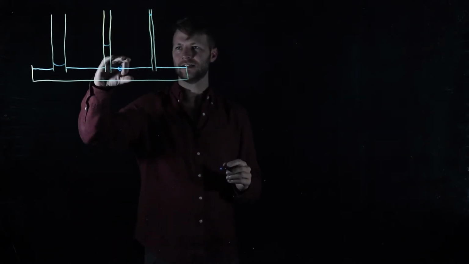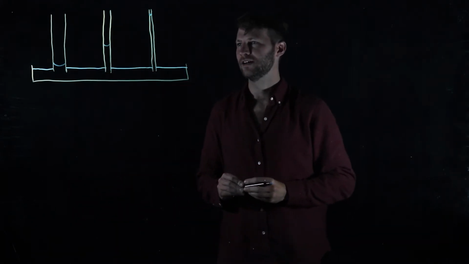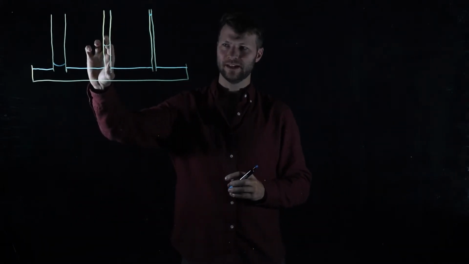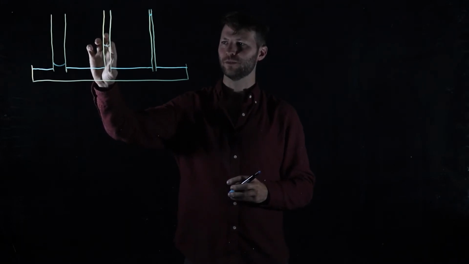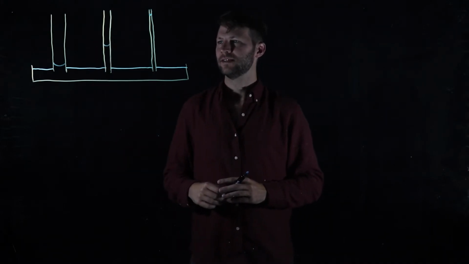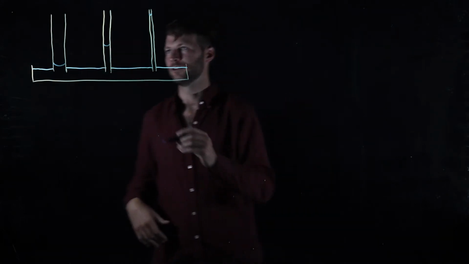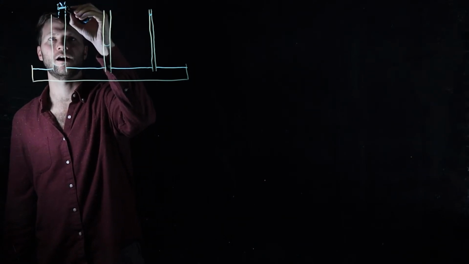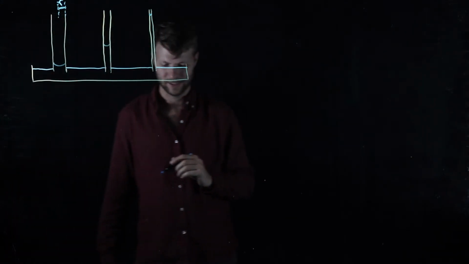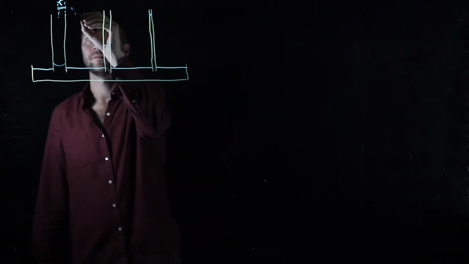The height of the rise of the capillary fringe, or of the column of liquid water in these tubes, is inversely related to the size of the tube. So imagine that this distance here, r, is the radius of the tube.